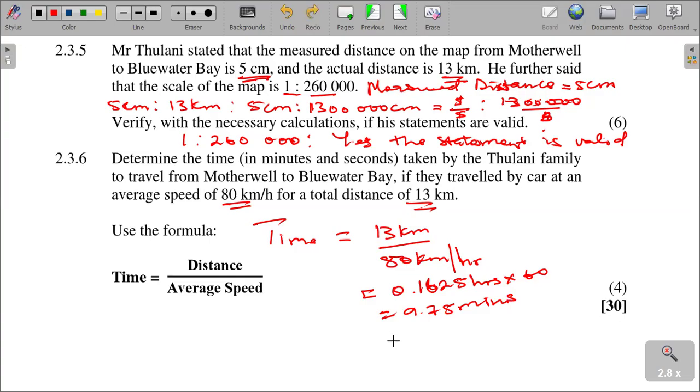So 0.75 times 60 is equals to 45 seconds.